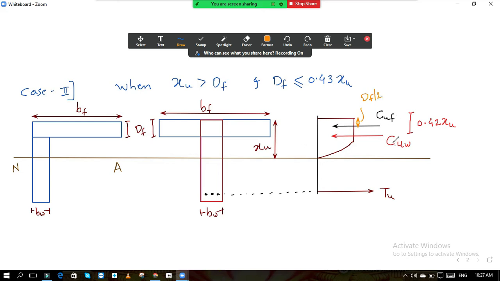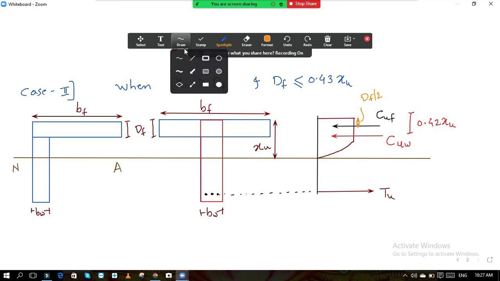So these two compressive forces are acting. First is due to the web, that is this web section. Okay, this whole section will behave as a single section. And second is due to this additional remaining section in the slab, due to which the compressive force is there in the flange. Okay, so this is the stress distribution diagram.